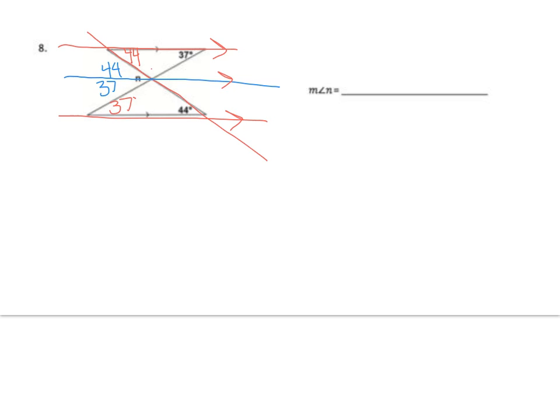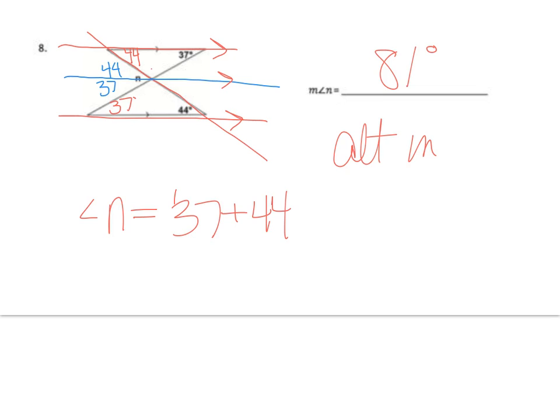So angle N is going to be 37 plus 44. 7 plus 4 is 11. 4 plus 3 plus 1 is 8. So our reason: we used alternate interior angles twice, and an auxiliary line.